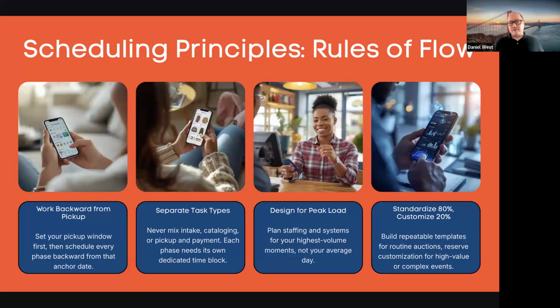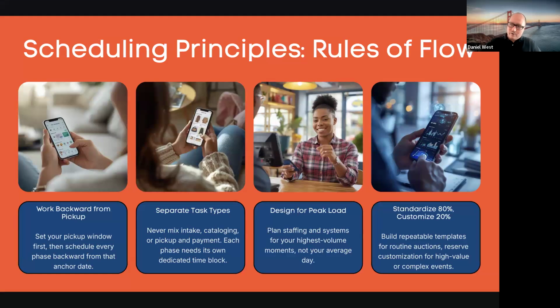Okay, some basic principles. So I already said this, and I'm going to say it ad nauseum. You always work backwards from when you need to be out or when the drop dead date is. Almost every auction has them because they're always time sensitive. And so, working backwards from the time deadline is really, really important.